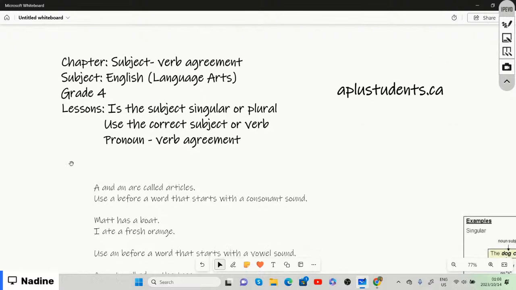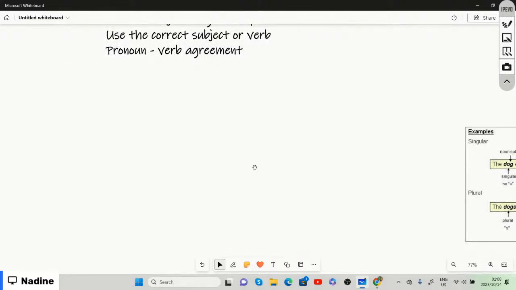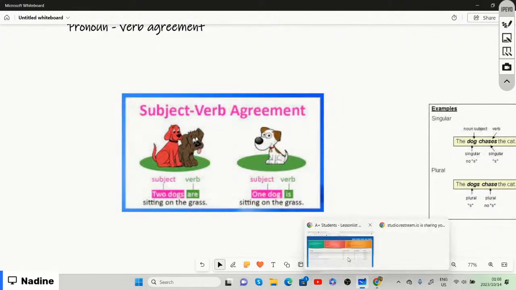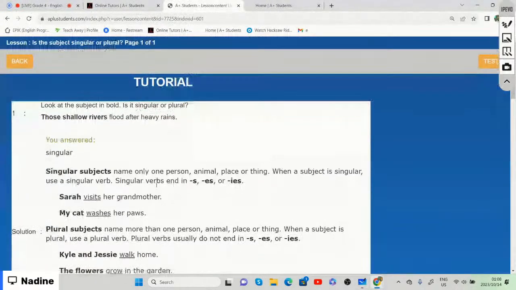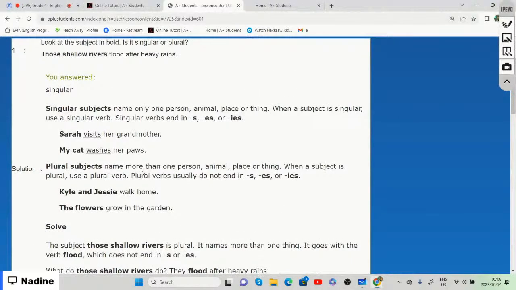All right, so now we're about to start our lesson. So remember we said that with subject verb agreement, we have singular subjects and we have plural subjects, right?